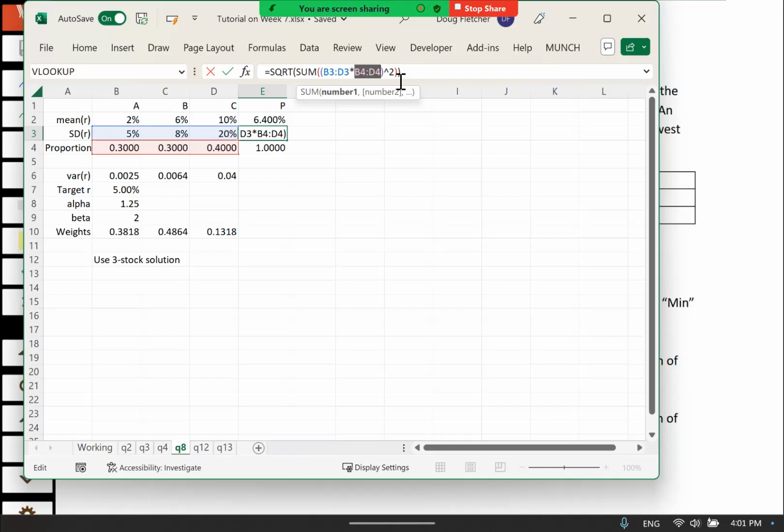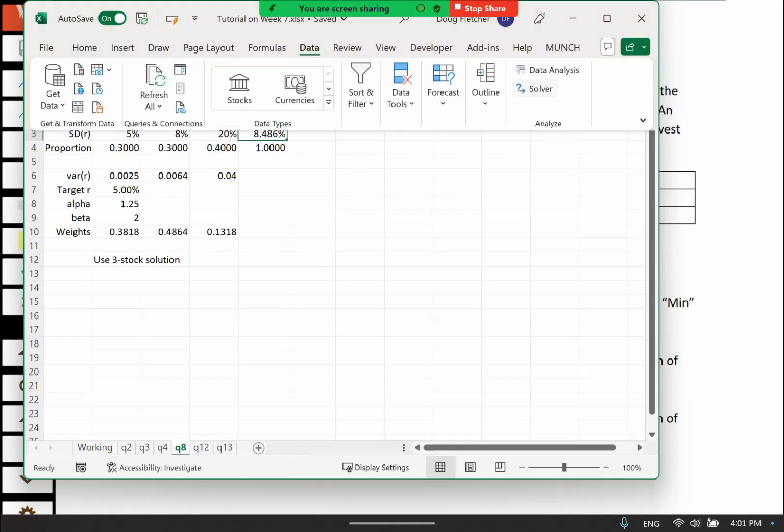I'm squaring those products, I'm adding them together to get the variance, then taking the square root. And so that gives me the portfolio standard deviation in this case. The other things on this sheet I was using for some other fiddling around I was doing because I was interested in the question. But what we need to do is use the solver.